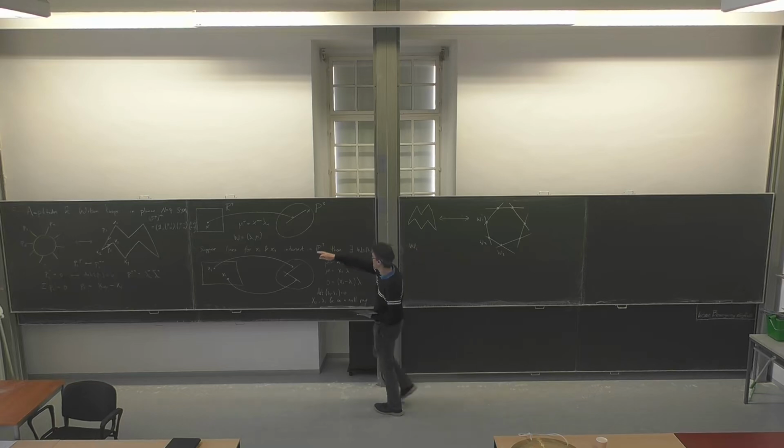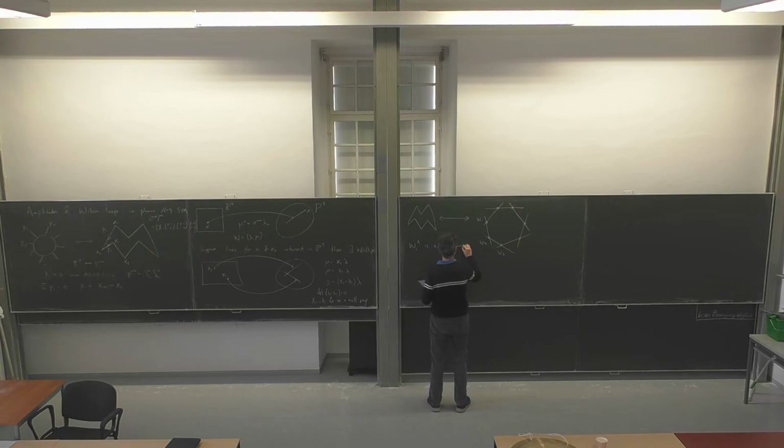They're 4 component objects if I write them out, but remember I'm modding out by scaling, so they live in P3. So I have a 4 by n matrix, which we can think of as describing a point in the Grassmannian GR4n. And I should mod out by column rescalings as well.